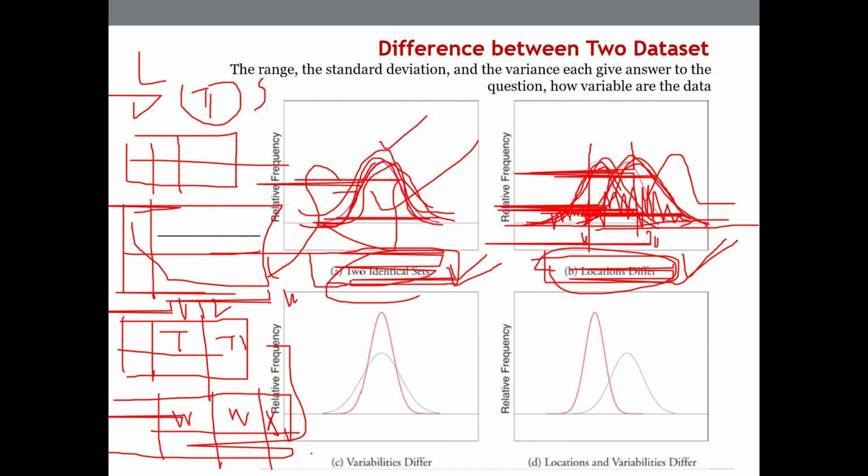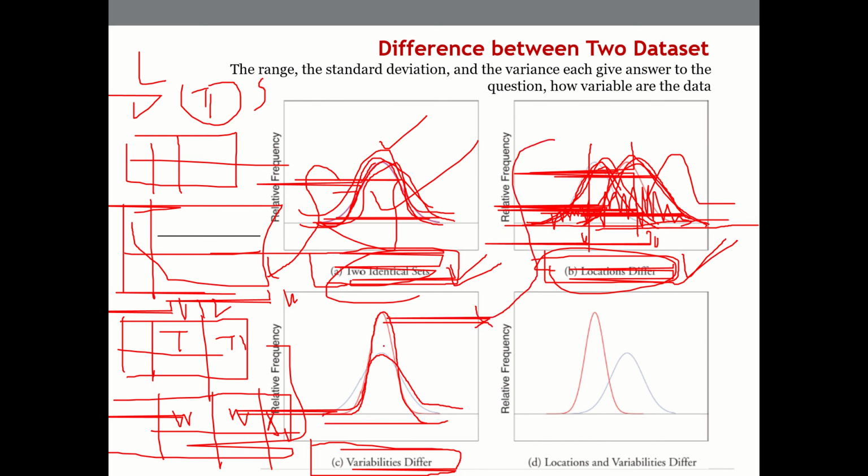The third one is variability within the data set. For example, let us say this is kind of identical, so it superimposes, but for instance, this is the English score.